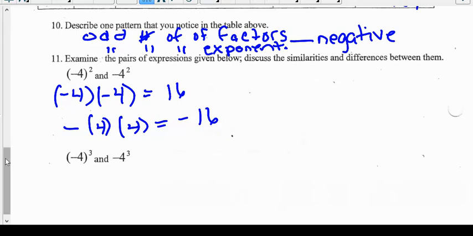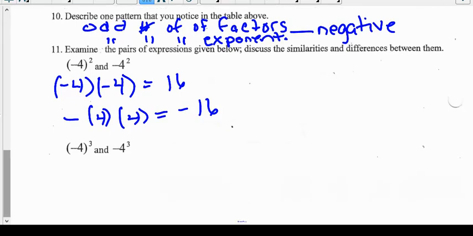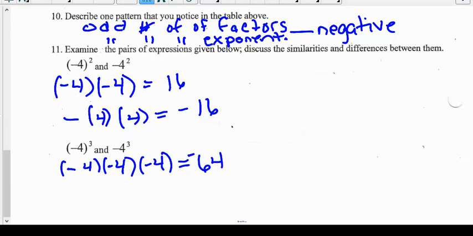Now, if we look down here, negative 4 times itself 3 times is negative 64. Here, the opposite of 4 times 4 times 4.